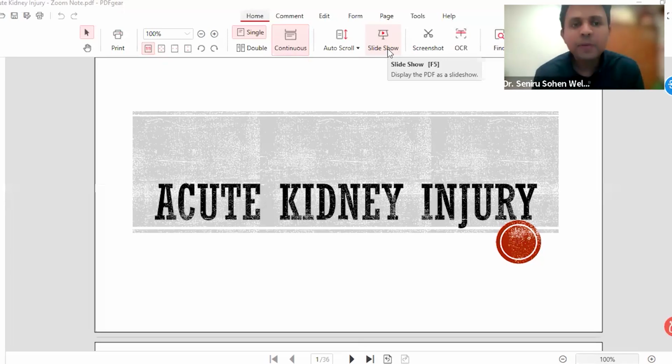Right. So what are the pre-renal causes of AKI? So pre-renal causes could be due to absolute or relative hypovolemia, leading to reduced renal perfusion. So reduced renal perfusion can occur as a result of a systemic process, that is, if you are having a low circulating volume, your blood supply to the kidney will be reduced.